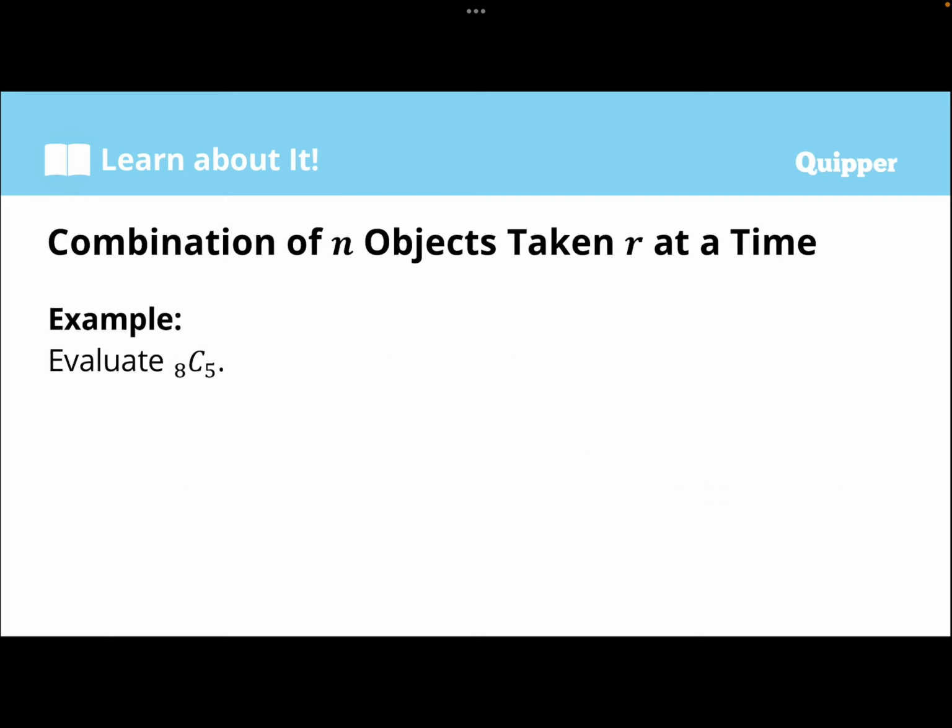Okay? So, for example, we're going to evaluate the combination of 8 objects taken 5 at a time. First, we have to identify n and r. Our given is combination of 8 objects taken 5 at a time.